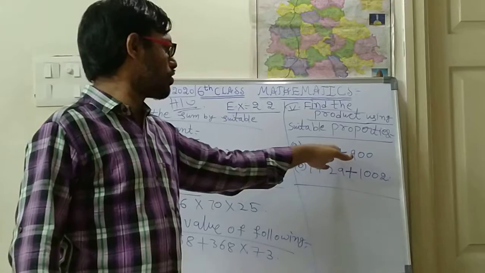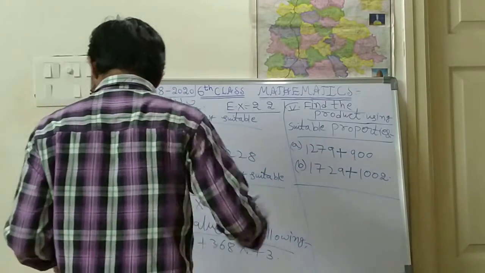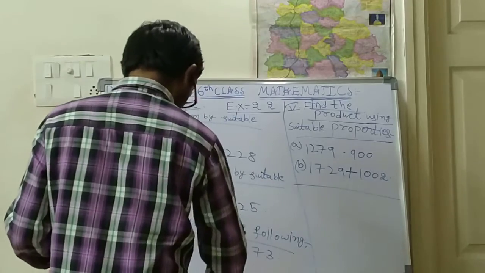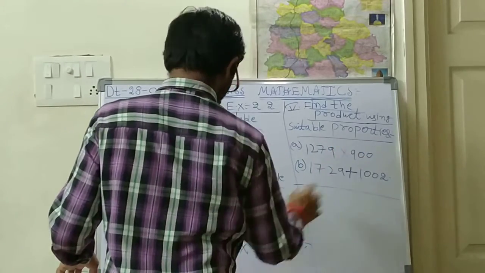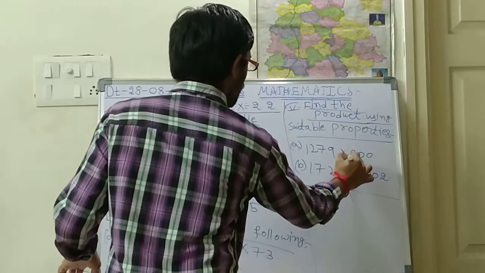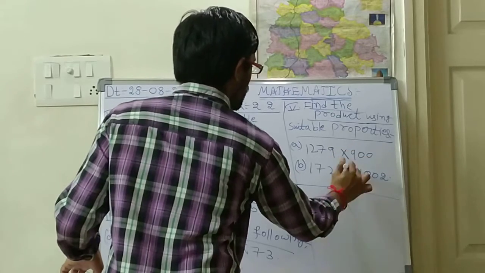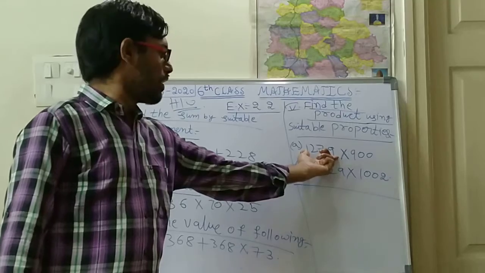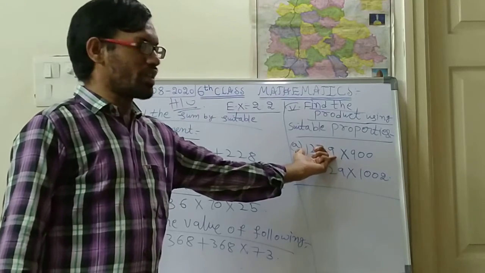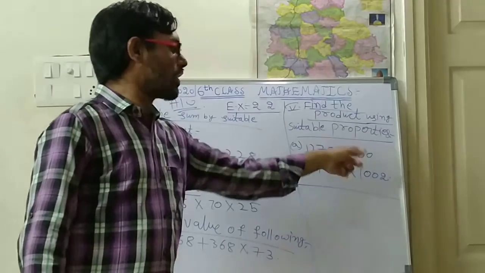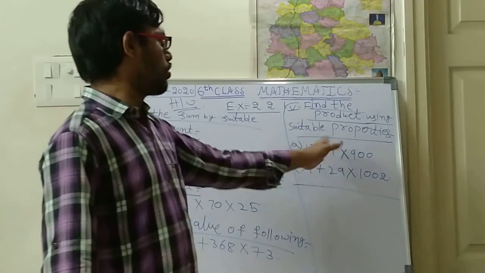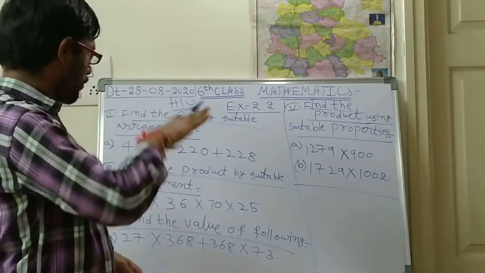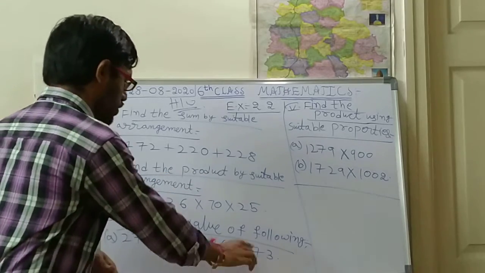You should divide it, and you should do the product. Okay, you should divide this into two parts with addition, and with that you should use the distributive property and multiply. Okay, so this is about the total exercise 2.2.